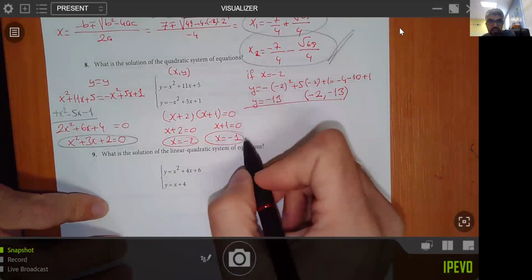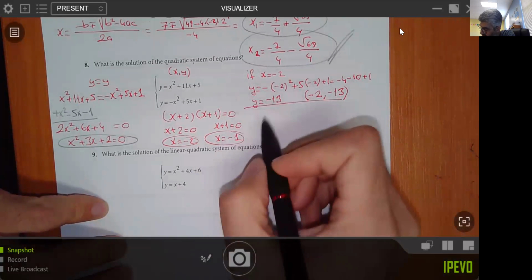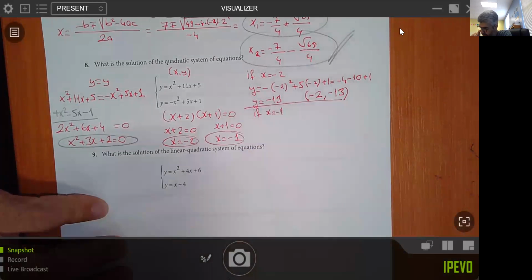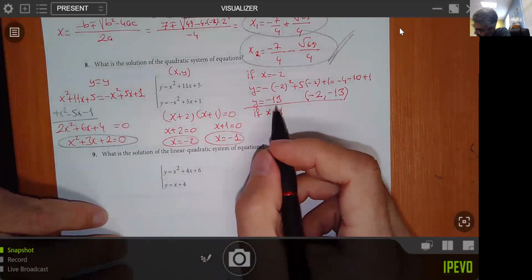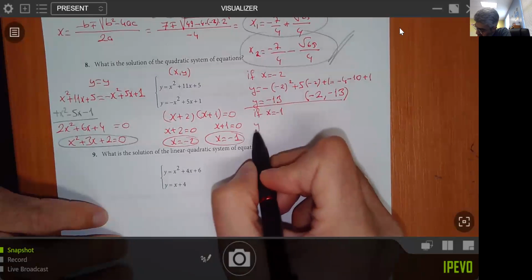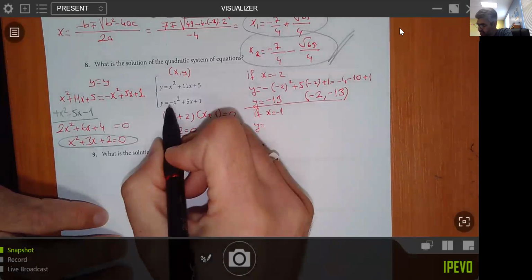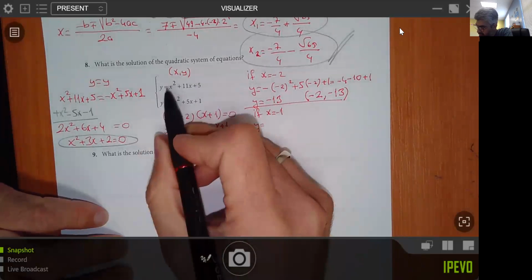And for the second point, I just continue. My second value is negative 1. If x is negative 1, this time I use the first one, okay? Since that minus may confuse us, we can change.